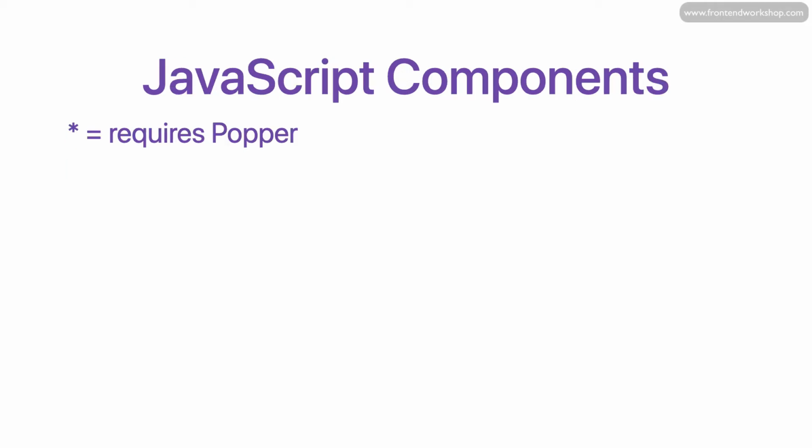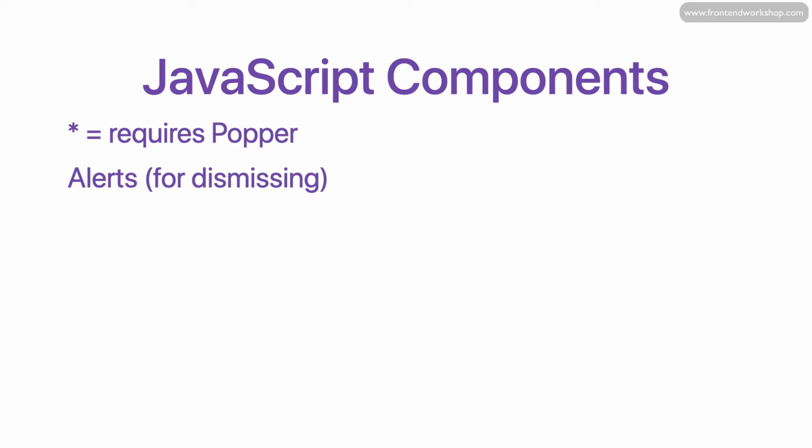Here's a list of all the JavaScript components. So all the components that require that you use the JavaScript from Bootstrap. The ones marked with a star require popper, so they need to use the bundle version of the JavaScript files.